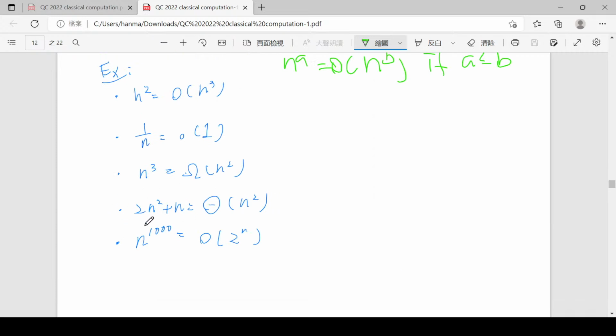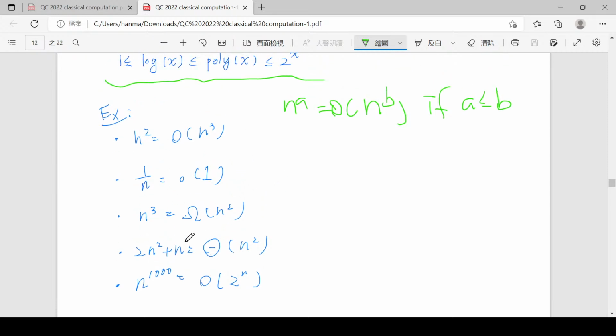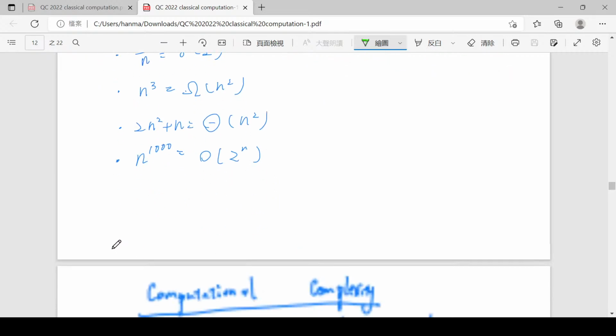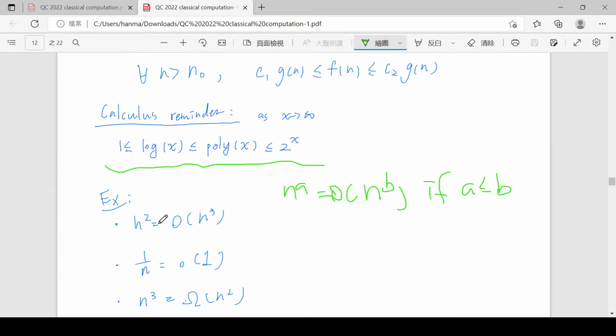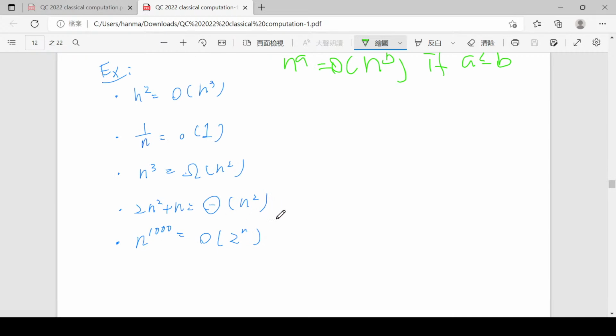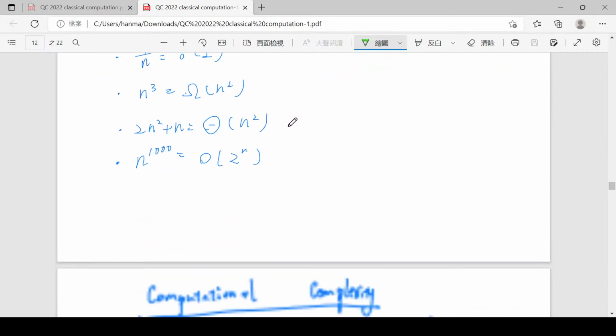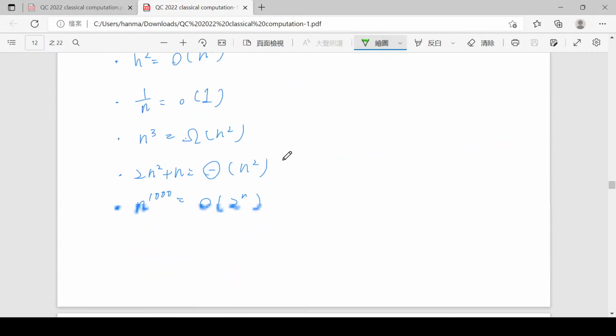So when we have a polynomial of n with a whole bunch of terms, in terms of this big O notation, it's just big theta of the highest order term. Okay, that's really nice. And finally, as we said, any polynomial when n goes to infinity grows slower than the exponential function 2 to the n.